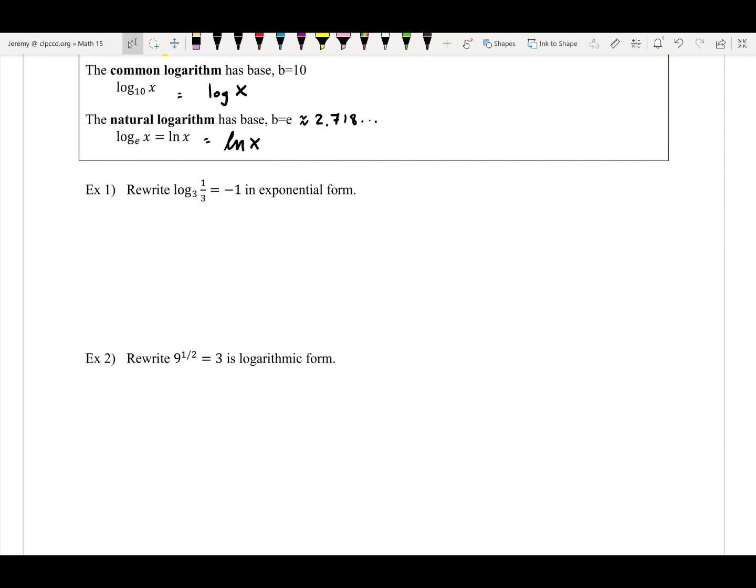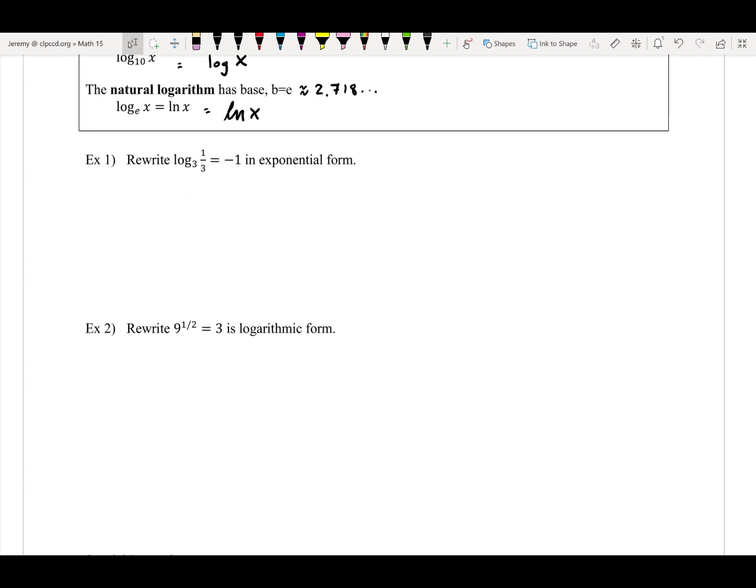Let's look at some examples, just getting used to the basic machinery of logarithms and how we can work with them. So we want to rewrite log base 3 of 1/3 is equal to -1 in exponential form. So something we'll have to do a lot in this class is go between logarithmic and exponential form. So remember, since logarithms are inverses to exponential functions, the input to the logarithmic function, or in this case, it's like a logarithmic equation, but the thing that is actually getting plugged into the logarithm is this 1/3. So that will be the output of our exponential equation.